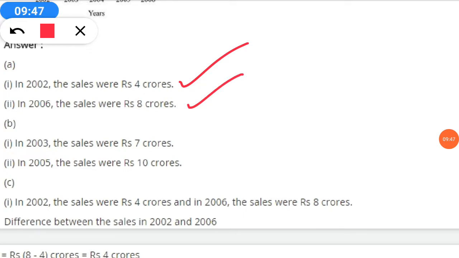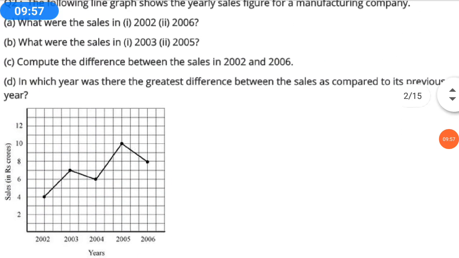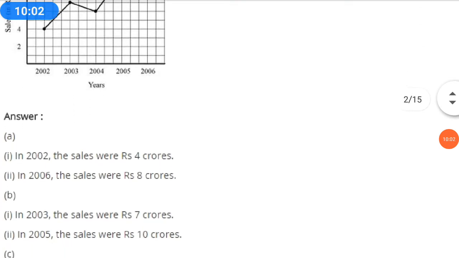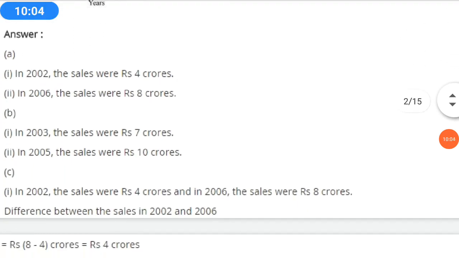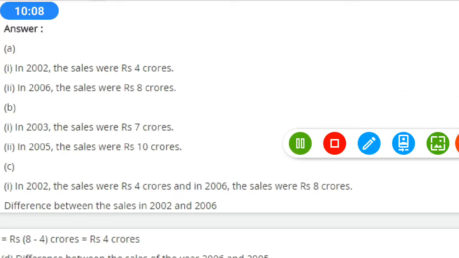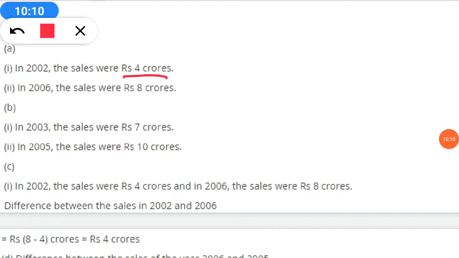Then in 2003 7, 2005 it will be 10. I think I had told you 2006 in the question, because in the question it is mentioned 2006 student, okay, and here it is mentioned 2005. So be very careful. So in 2002 we are having 4 crores, 2006 8, 2003 7, 2005 10.